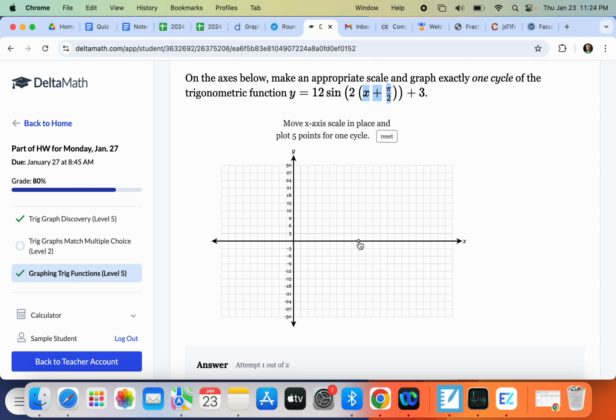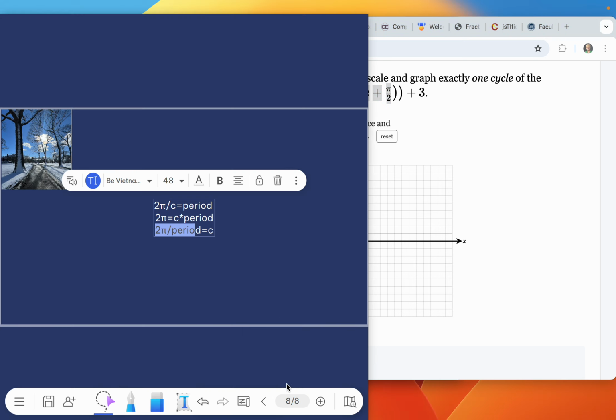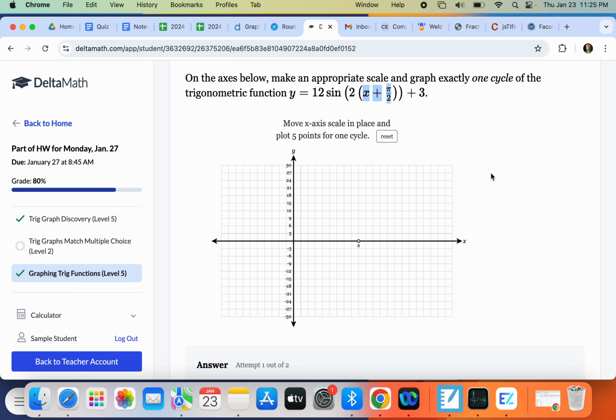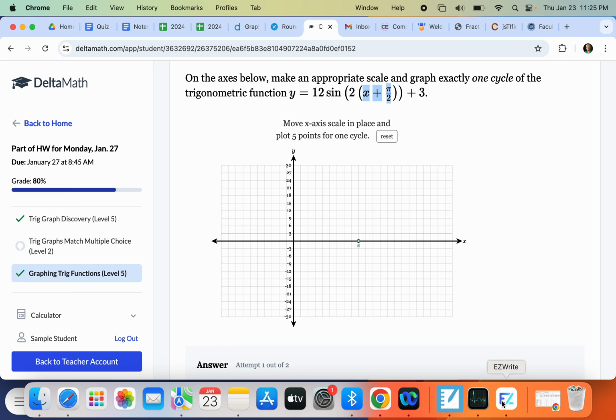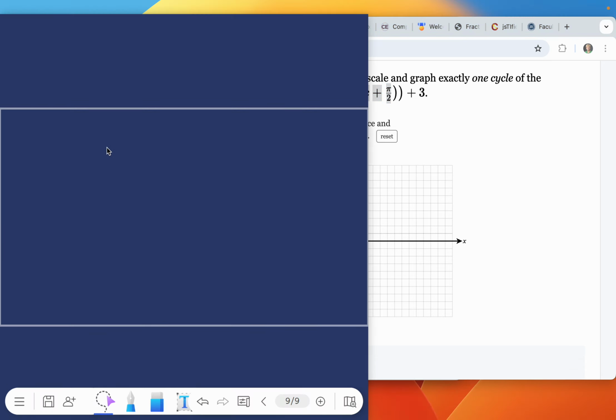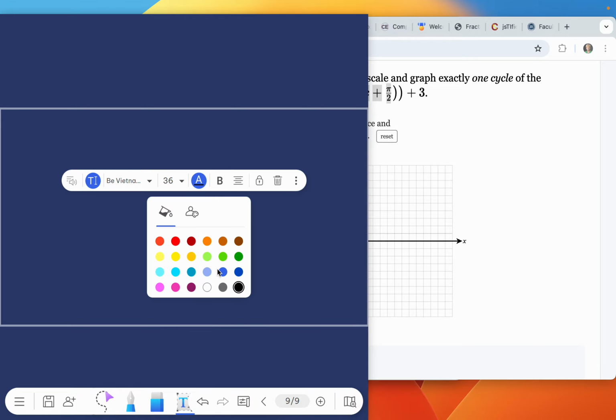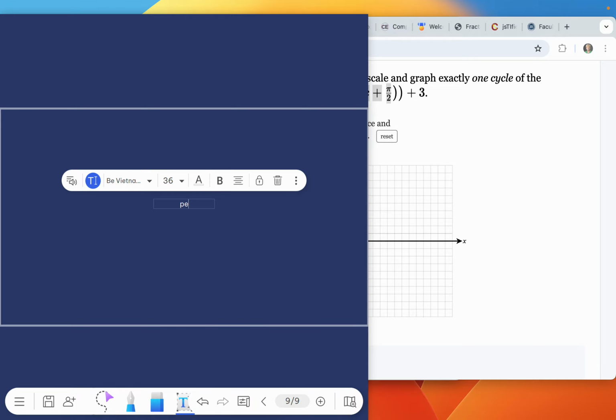And if you take the period and divide it by 4, you're counting by pi over 4s. So let's see if I can type that down. My phase shift is negative pi over 2. And the period of this is 2 pi over 2, which is pi.